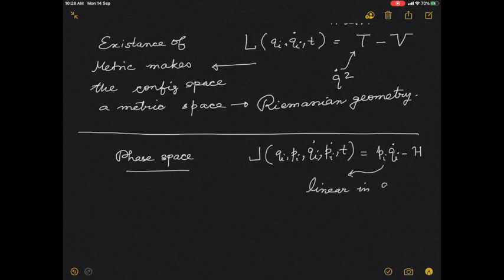So this is linear in velocity, qi dot or pi dot.